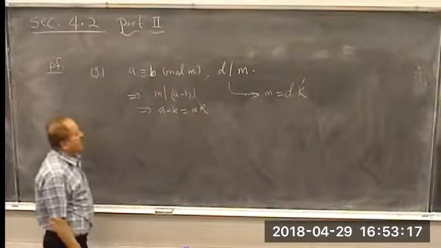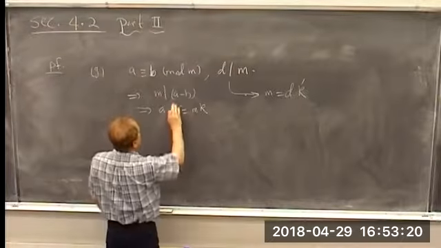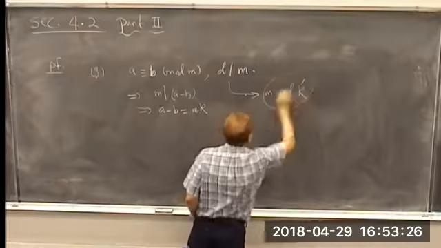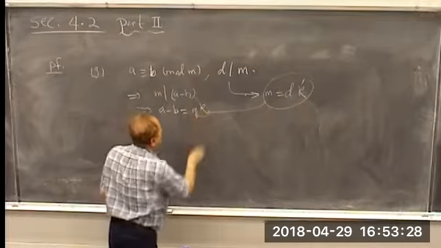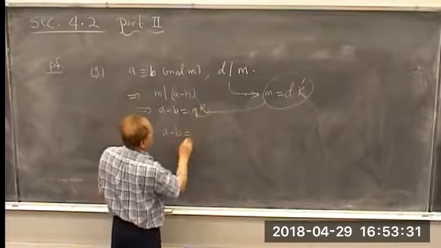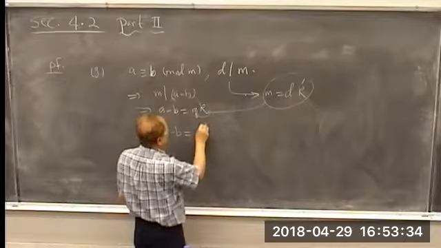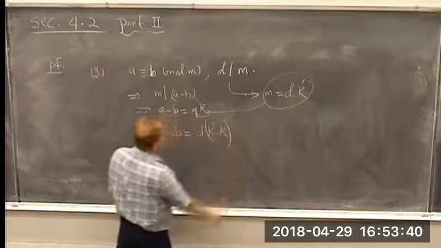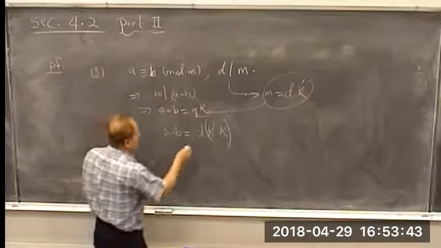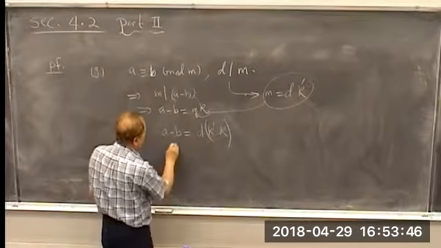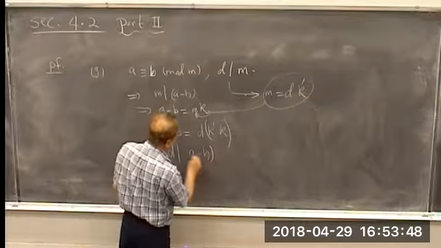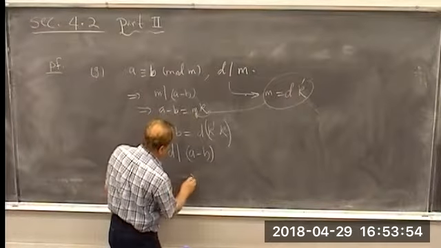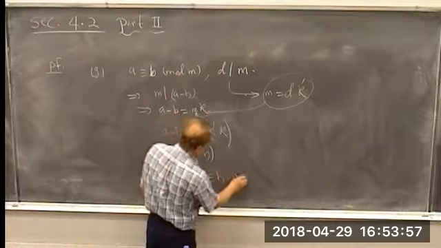So if I substitute for this M, then I get A minus B equals D K prime K. And now I can say that D divides A minus B, because it is a multiple of D, and this in itself implies that A is congruent to B mod D.